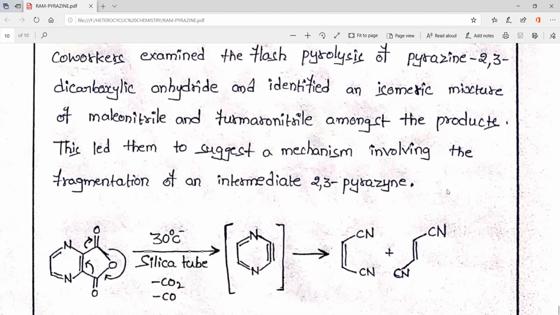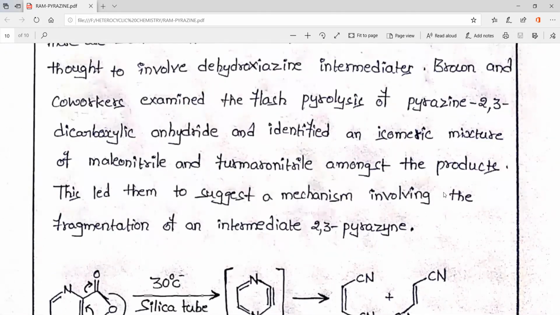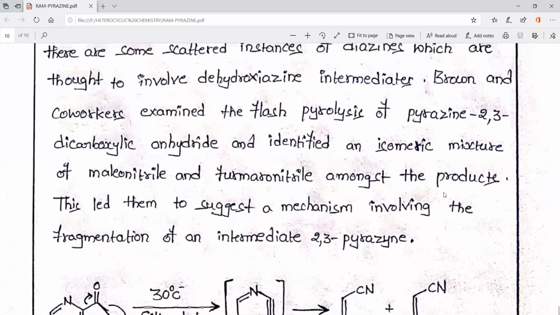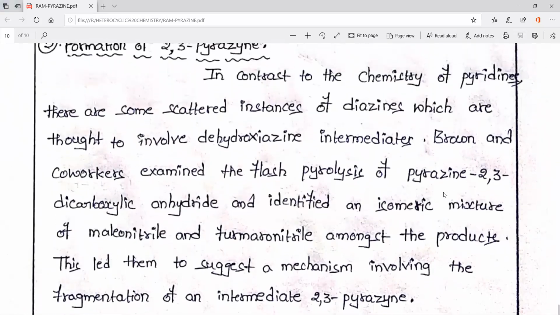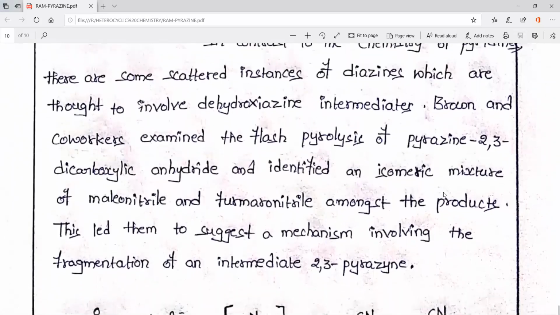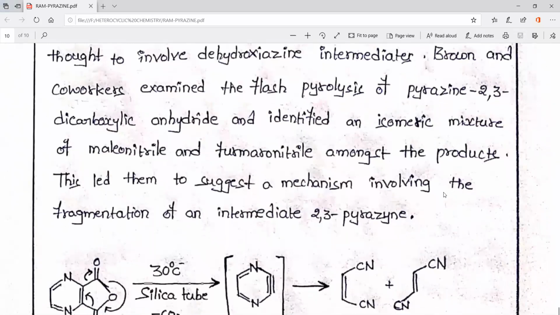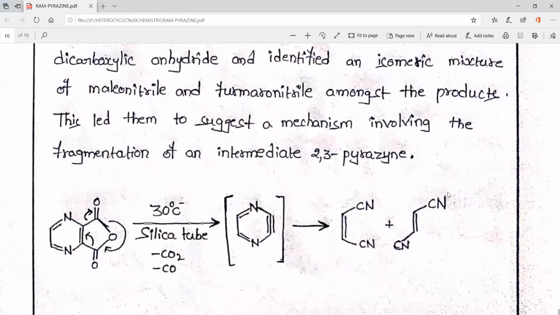So this probably involves an intermediate, a diazine. So some of these pyrazines form these diazine intermediates.